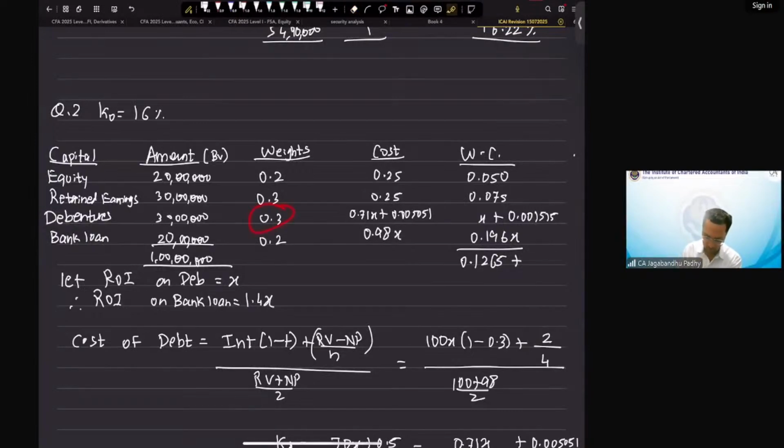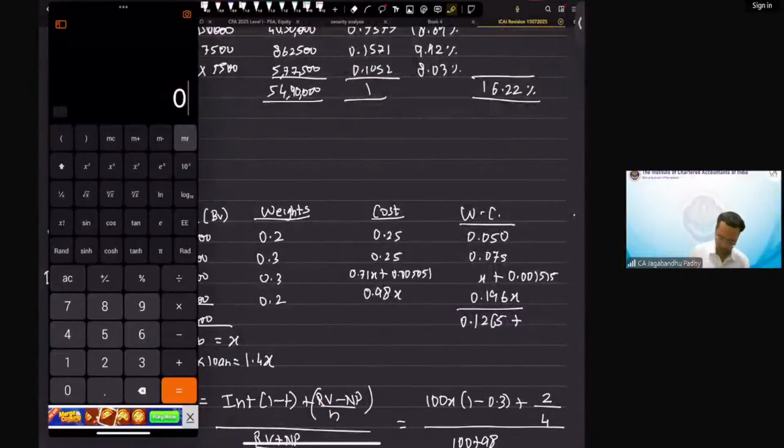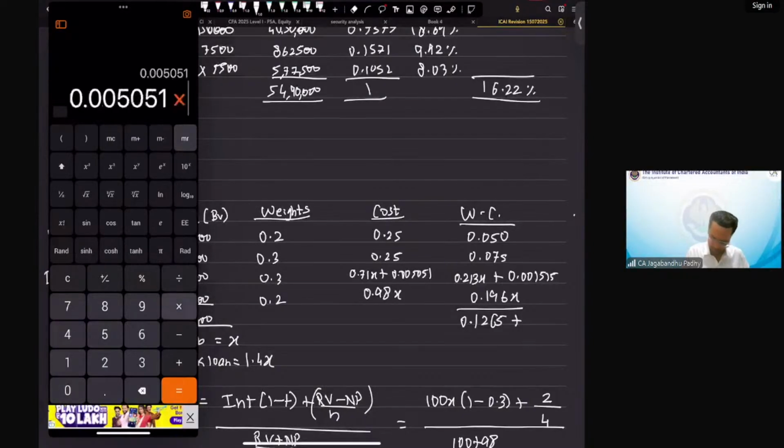Because this will be 0.3 into 0.71. 0.3 into 0.71 is 0.213 and 0.005051 into 0.3, which is 0.001515.